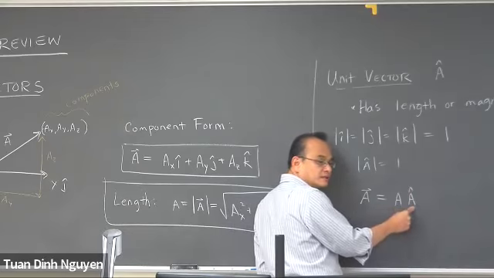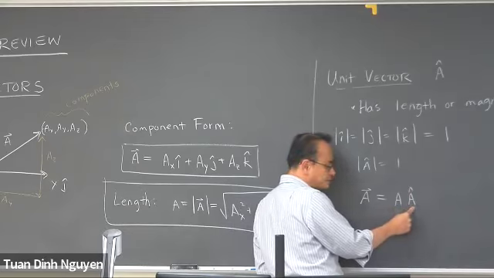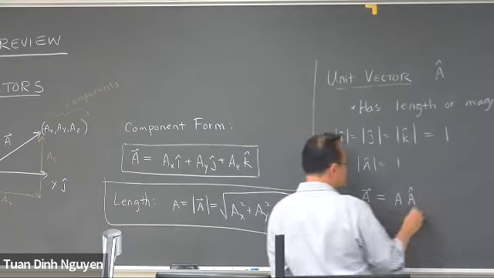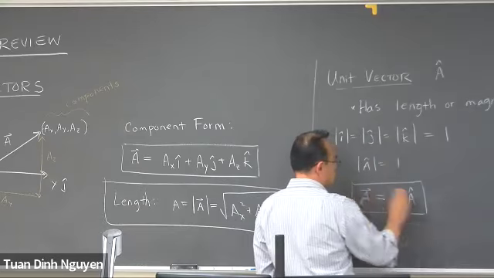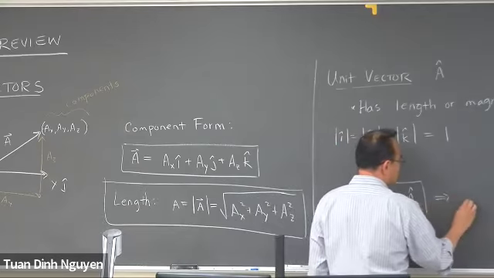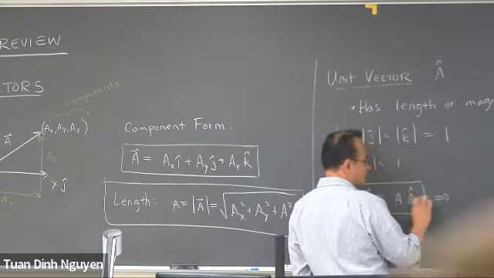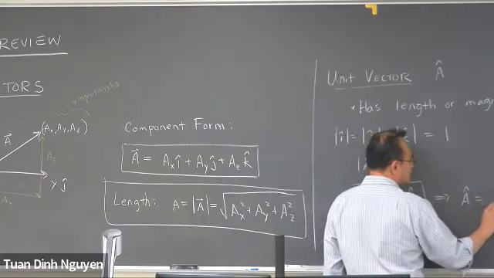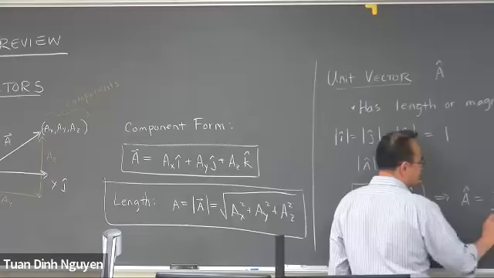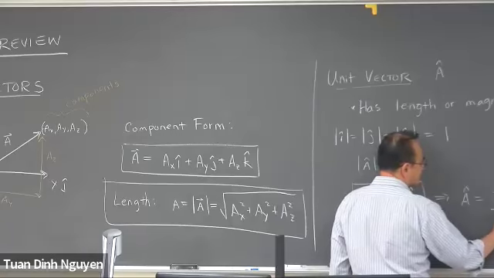Here's the direction, right? So if you solve this for a hat, and someone asks you, hey, what's the unit vector for this? You just take A and divide it by its length.